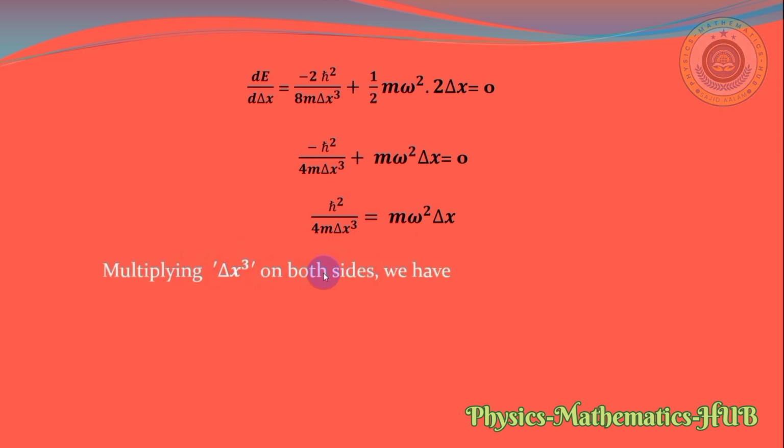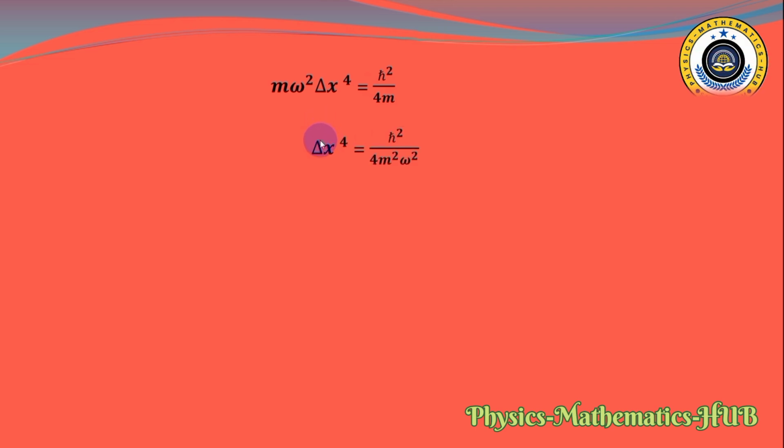Multiplying del x cube on both sides, we get h cut square divided by 4m is equal to m omega square del x power 4. Now solve the above equation for del x. We can write this as del x power 4 is equal to h cut square divided by 4 m square omega square.